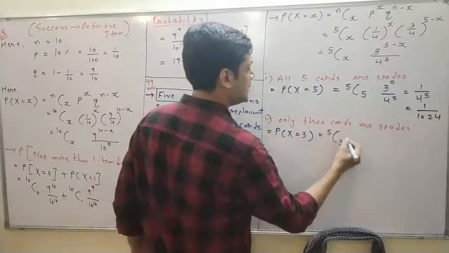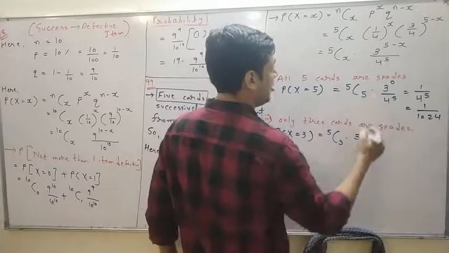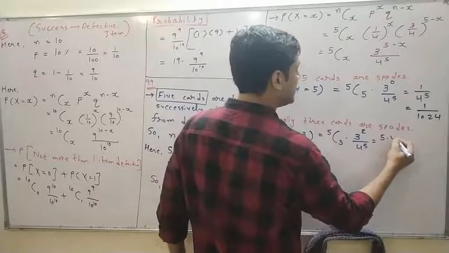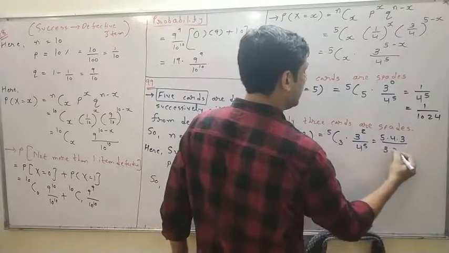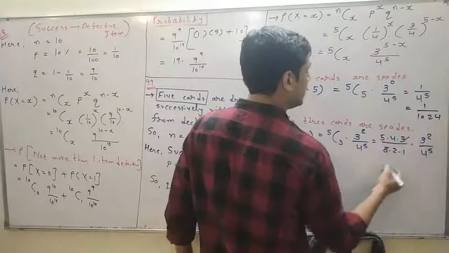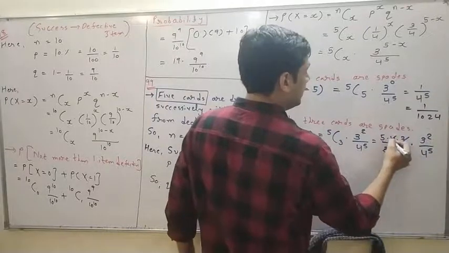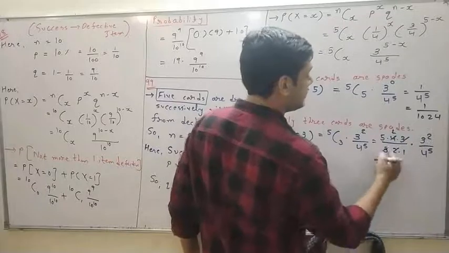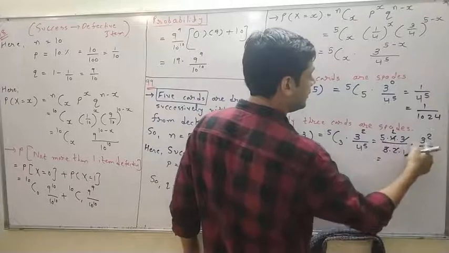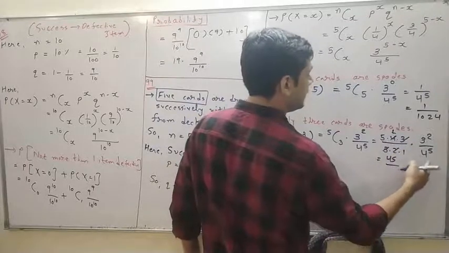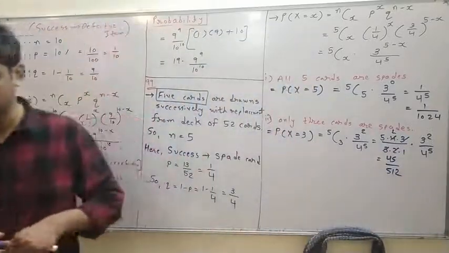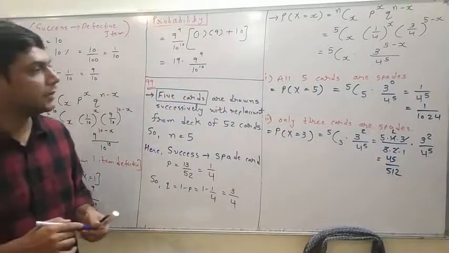So that is 5C3 into 3 raised to 5 minus 3, that is 3 square, upon 4 raised to 5. 5C3 means 5 into 4 into 3 upon 3 into 2 into 1, 3 square upon 4 raised to 5. 3 and 3 cancel, 2 into 2 is 4, so that is 5 into 2, 10. 10 into 9, 3 square is 9, 9 into 5 is 45. And here 1024 by 2, so that is 512. So answer is 45 on 512.